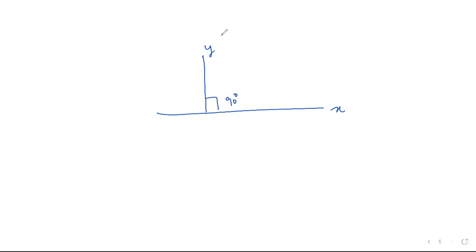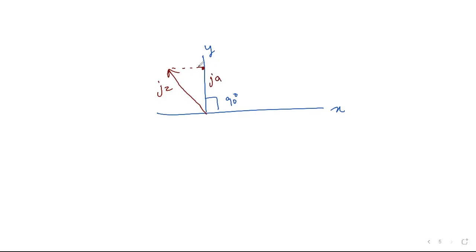Let me use another color here. This is the vector jz having y component of length a.